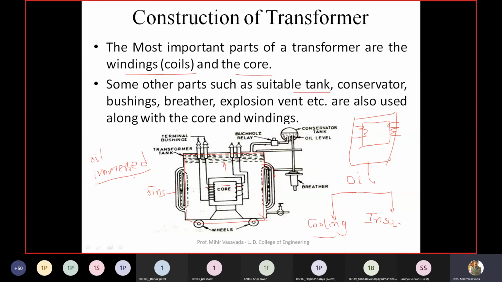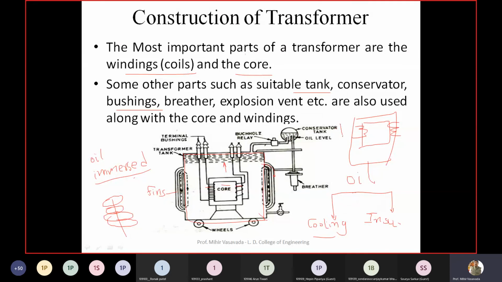Then there is a bushing. The transformer leads you have to take out through the insulators. So that insulator is known as the bushing, terminal bushing. If you see a transformer, you will see this kind of disc coming out of it, right? This is an insulated disc, and conductors come out through the middle. And there is one small tank above this main tank.